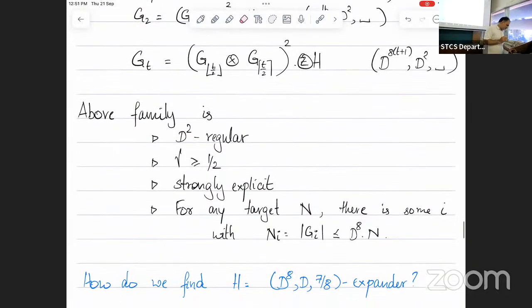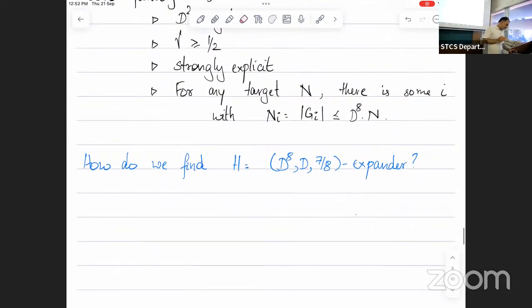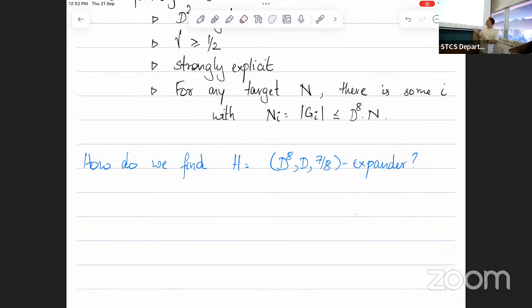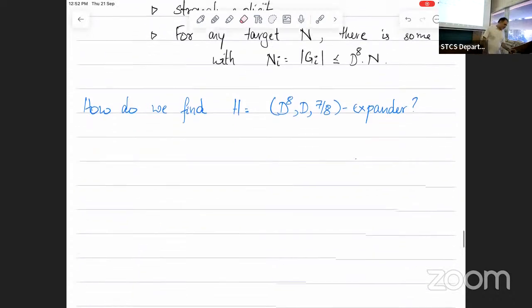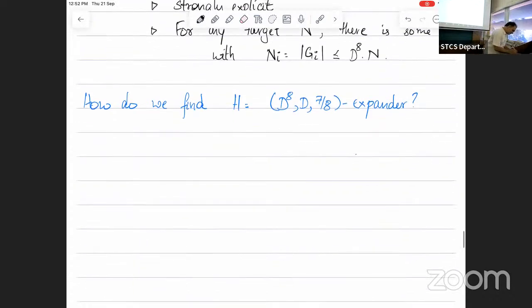So yeah, and now finally, how am I going to find these base graphs that you have? There are two options. The first option is brute force. You can also use LPS, but I don't want to use something that I can't prove is an expander.